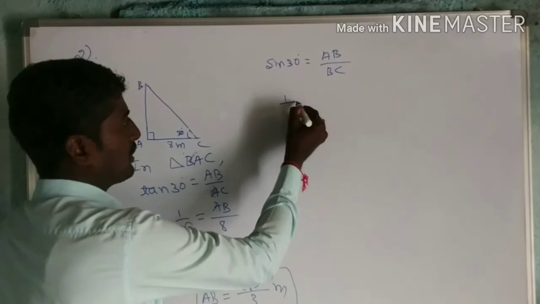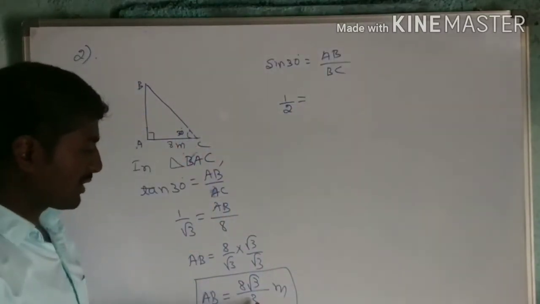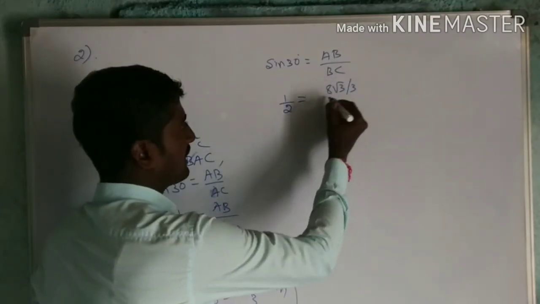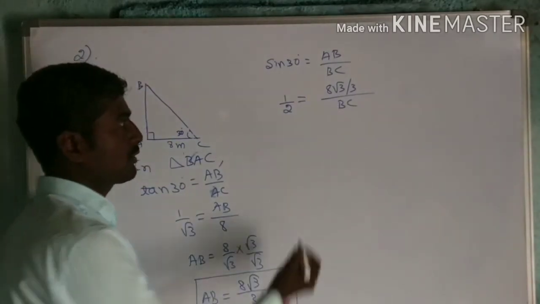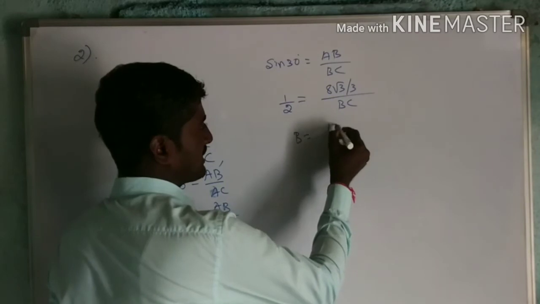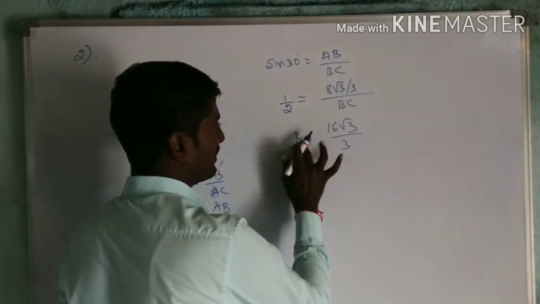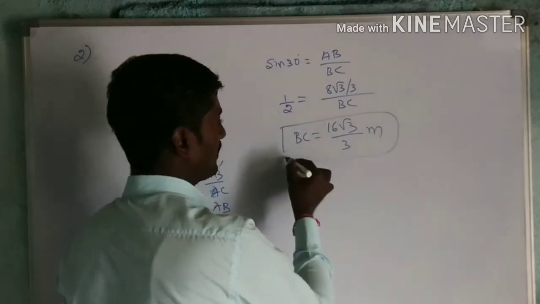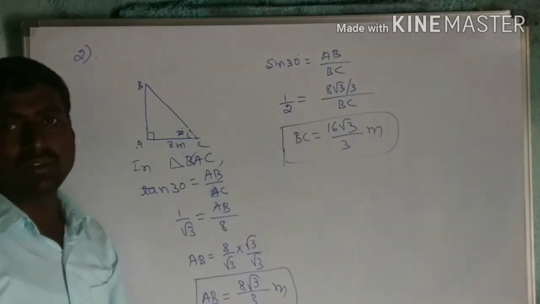Sin 30 value is 1 by 2 is equal to AB, which I just now got, that is 8 root 3 divided by 3, divided by BC. Now cross multiplication, BC is equal to 16 root 3 divided by 3 meter. This is BC. So AB value is known and BC value is known.